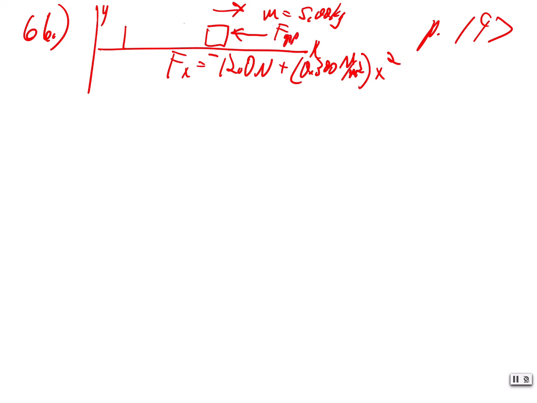It's moving there with a speed of 6.00 meters per second. What is the speed of the object when it reaches a point x equal to 5 meters?